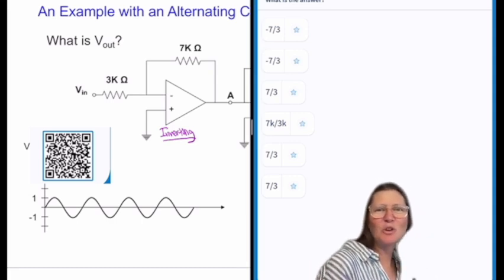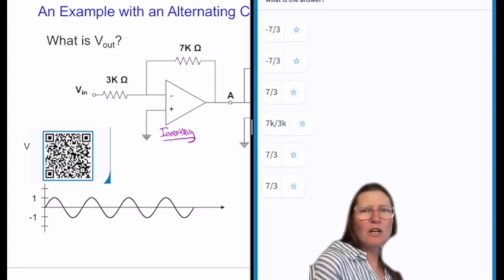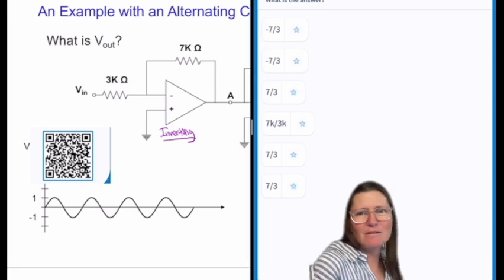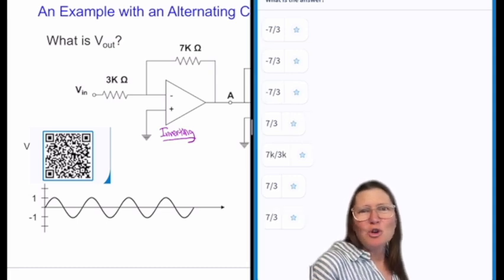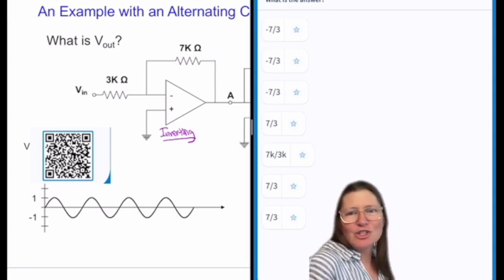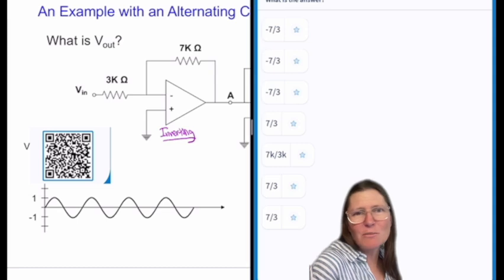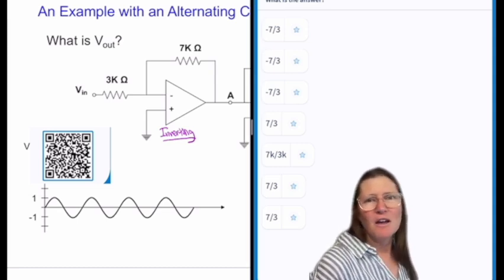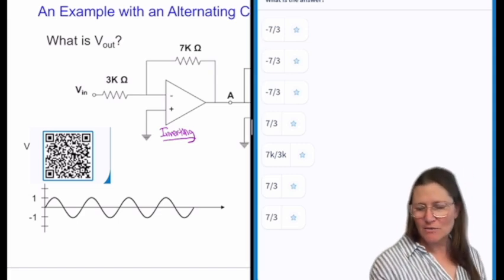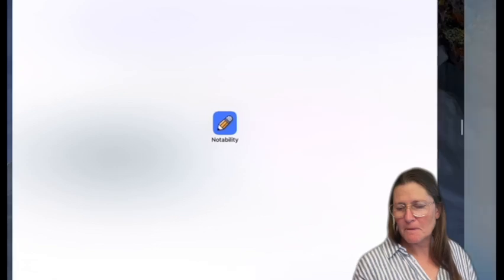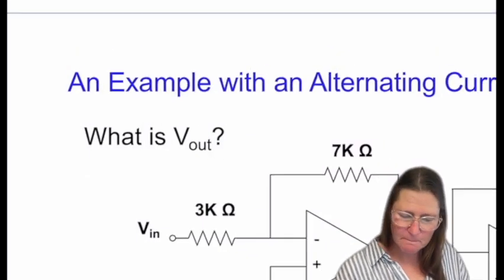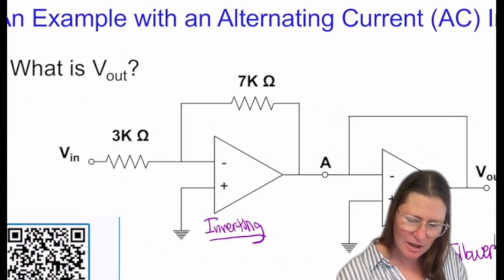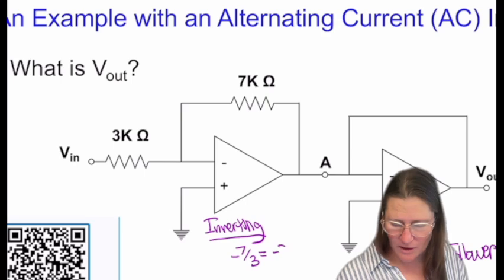Okay, so negative 7/3 and 7/3, 7k over 3k. These are all correct as far as if I asked for just the gain. The gain would actually be negative because it's inverting. So negative 7/3 would be the correct one, or negative 2.3.